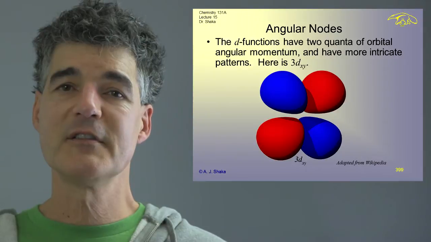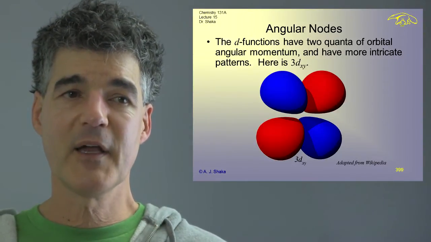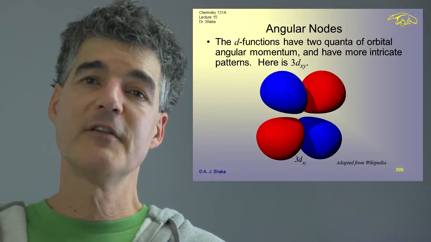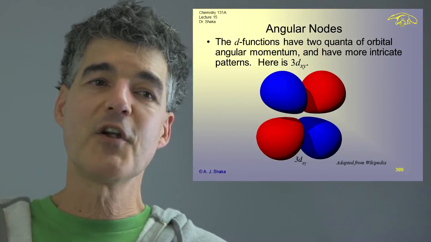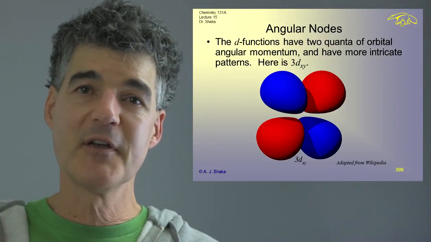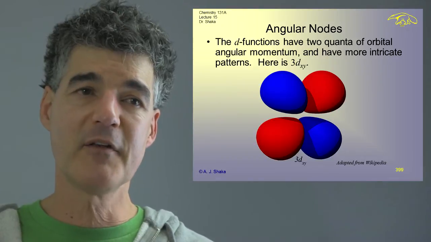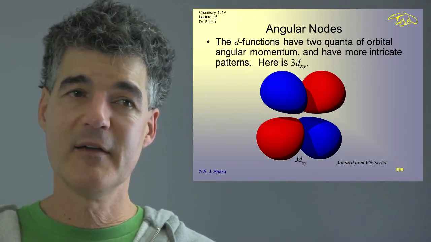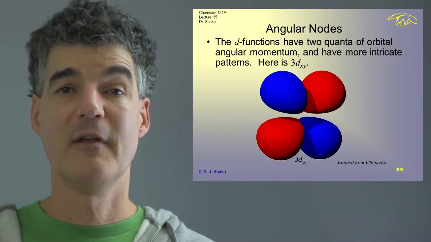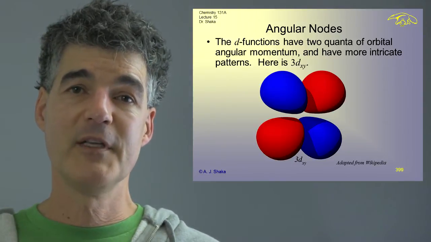The d functions look like these. Here's 3dxy looking like a big clover leaf, and you can clearly see that there's a disturbance building up in the angular variation of the electron as it assumes more quanta of angular momentum. That makes perfect sense. And so there are 5 3d orbitals, and we saw what they were.